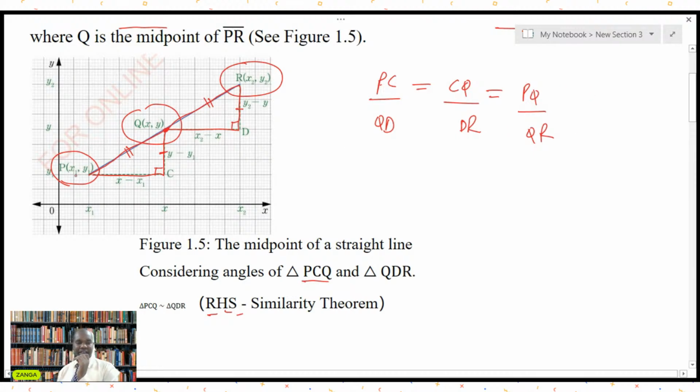But we were informed that Q is the midpoint, and so PQ will be equal to QR, and the reason is Q is the midpoint.